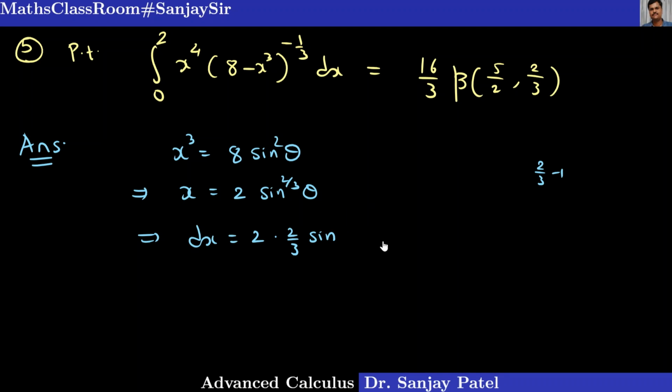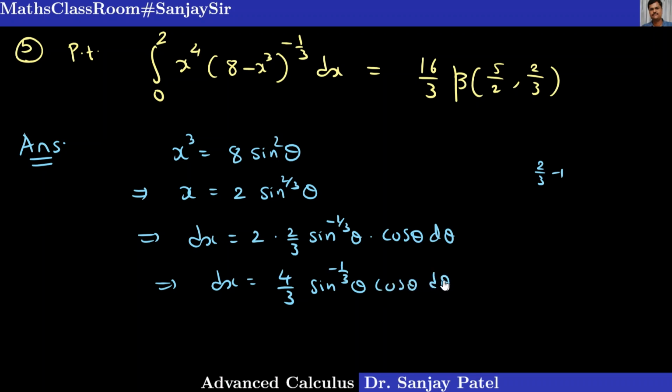So what I will get is sine raised to minus 1 by 3 theta, and the derivative of sine theta is cos theta d theta. So we are applying the chain rule for differentiating both sides. So dx is equal to 2. The derivative of sine raised to something is something into sine raised to something minus 1. So it is minus 1 by 3 into the derivative of sine theta, which is cos theta. Fine. So that is 4 by 3 times sine raised to minus 1 by 3 theta into cos theta into d theta.